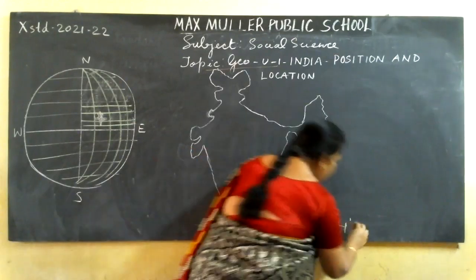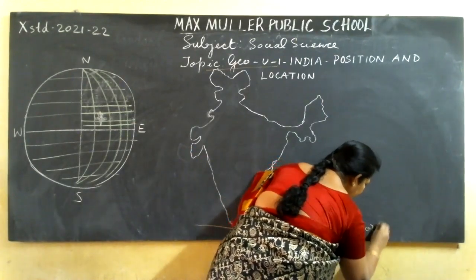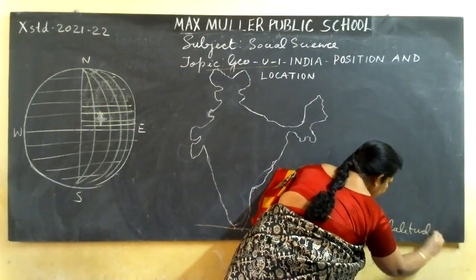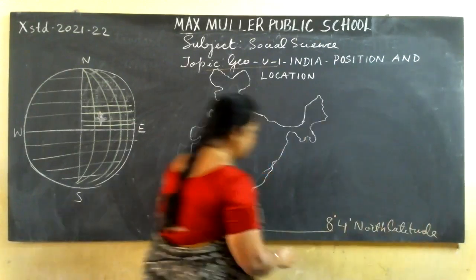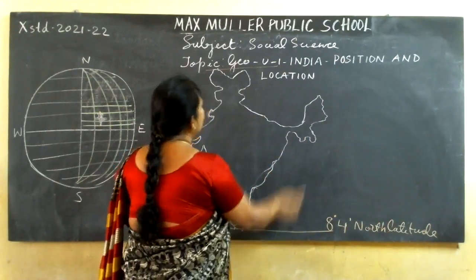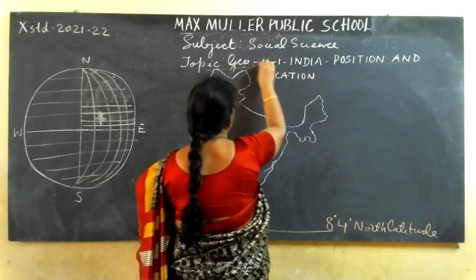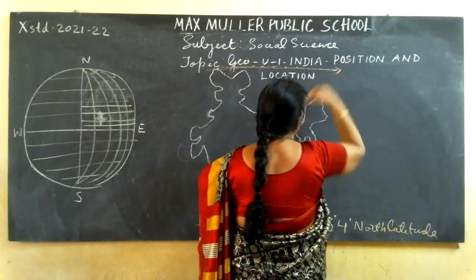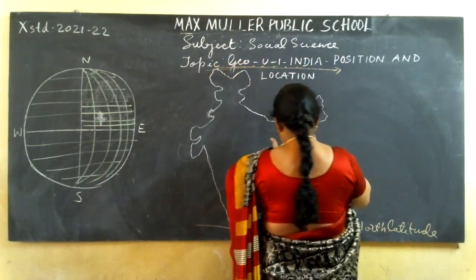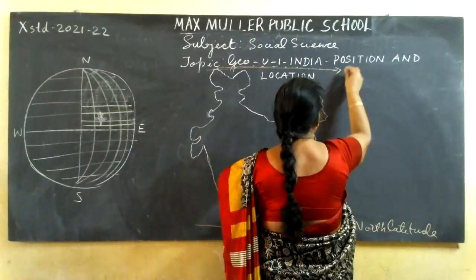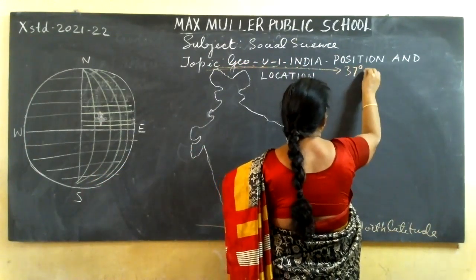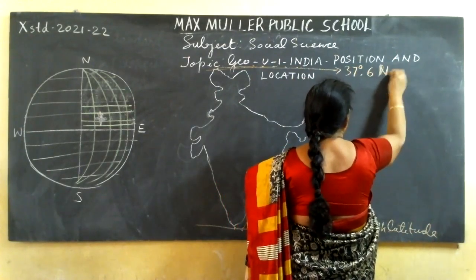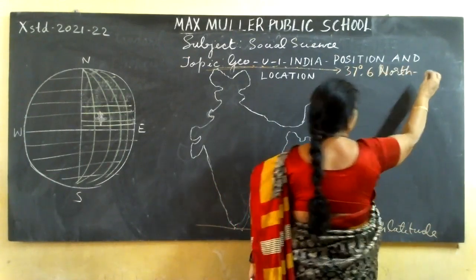And next, from here to here, it is 37 degree 6, also north latitude.